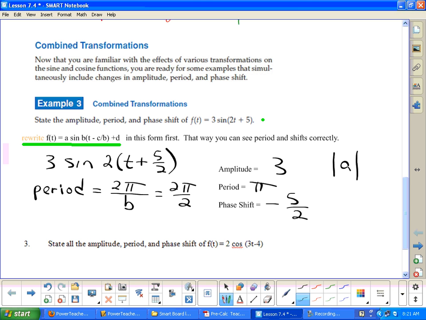This is the reason we had to factor this out: if you look at it in the original form, we can see that the phase shift is not 5, it's 5/2.